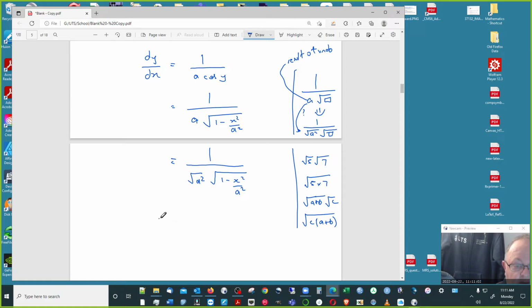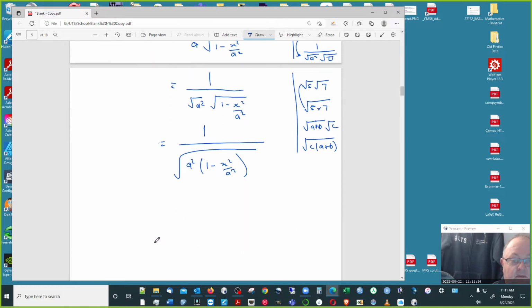This is what's expected, the nuance is feeding in. So then we'll do that now. We'll do a squared bracket 1 minus x squared over a squared bracket and put that all under the square root. So we've done the intermediate step, we got them split and joined up. Isn't maths fun? Awesome. Alright, so then we've got to just do the expansion.